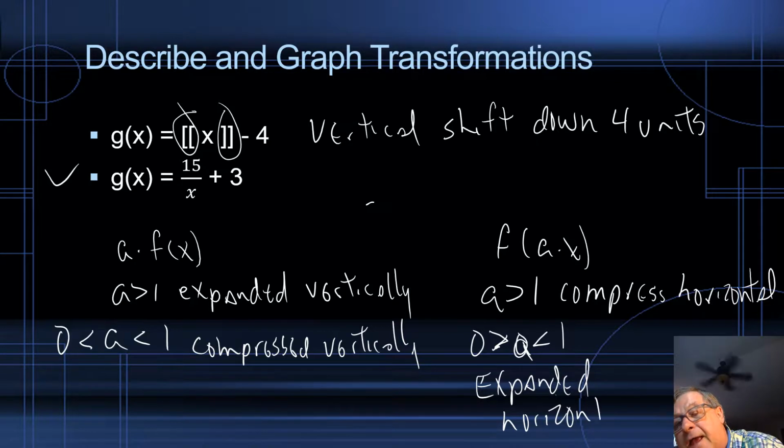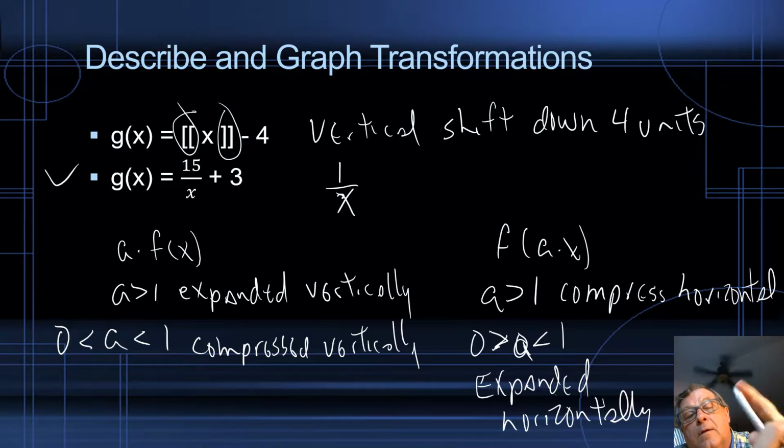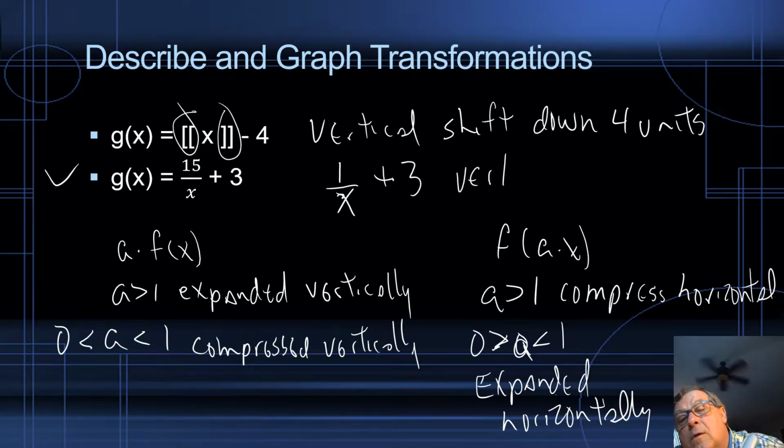Now, in that second function, g of x, we've got 15 over x plus 3. Our parent function is the reciprocal function, 1 over x. And with this plus 3, certainly we're going to see a vertical shift up three units.